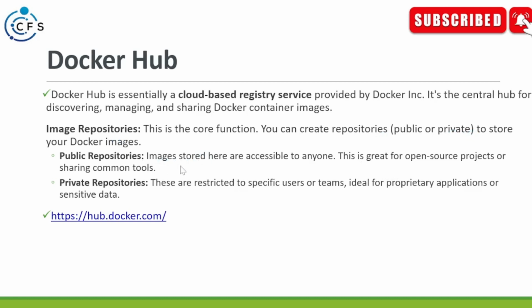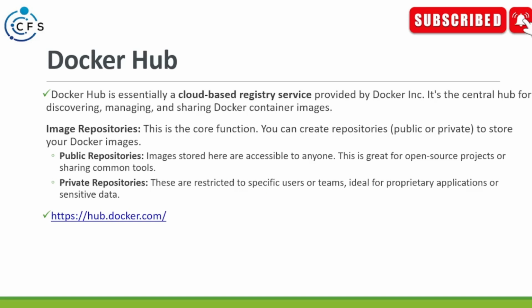Public repository images are accessible to anyone, and I can pull any image and run it in my container. But private repositories are restricted to specific users or teams. Ideally, private repositories are used by companies that put their images on Docker Hub.